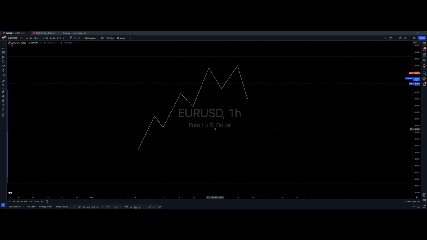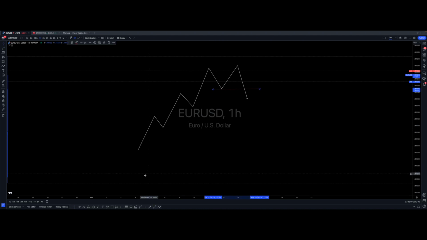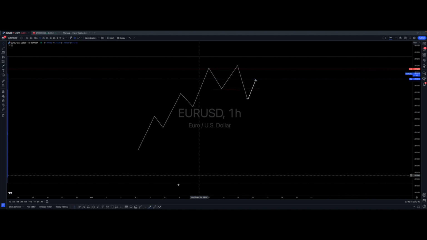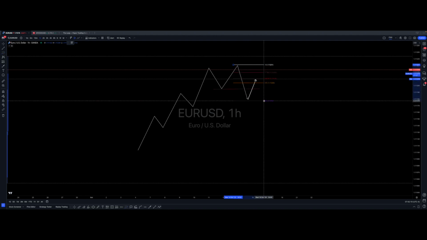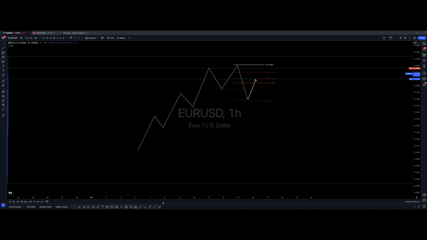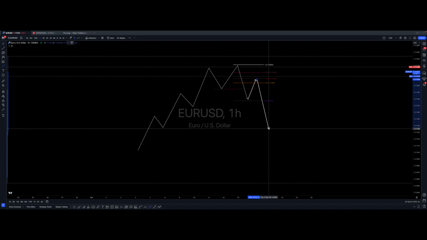that happens up here. We're waiting for the break of this structure here. And then after that, it's simply a pullback that we're waiting for. The pullback that goes back to the 618 or 50, whichever one you want to trade. And then from there, obviously, we're just expecting the price to come down.